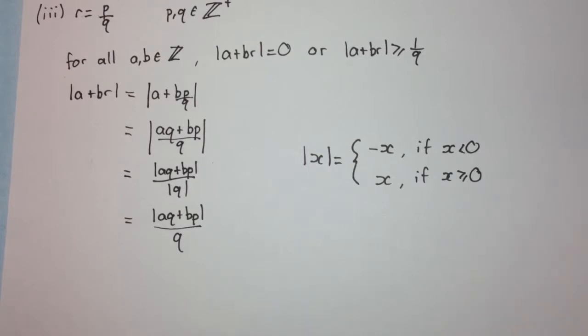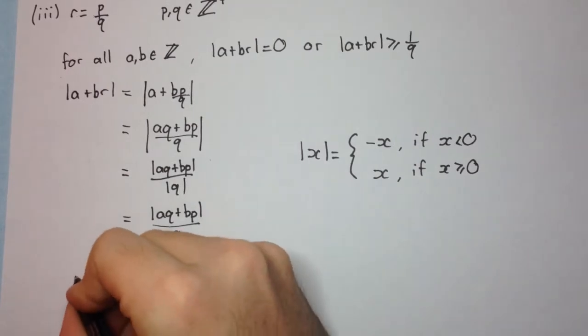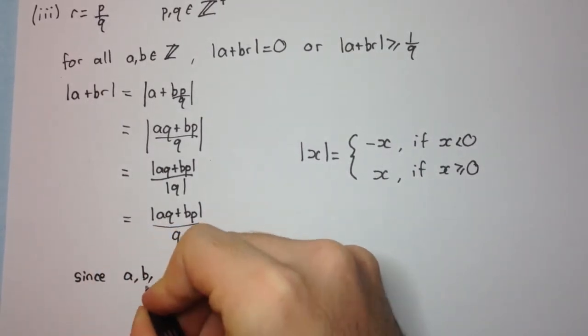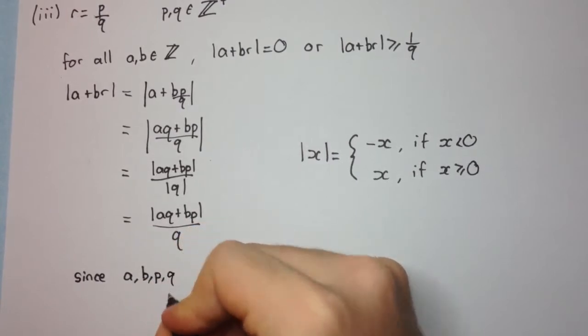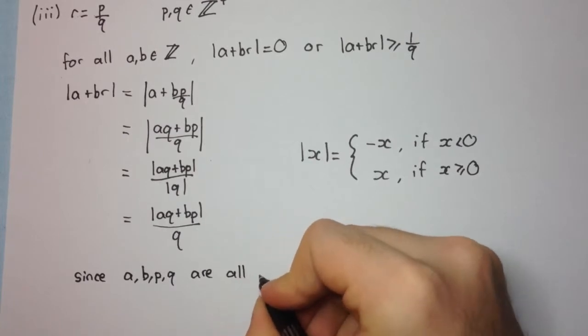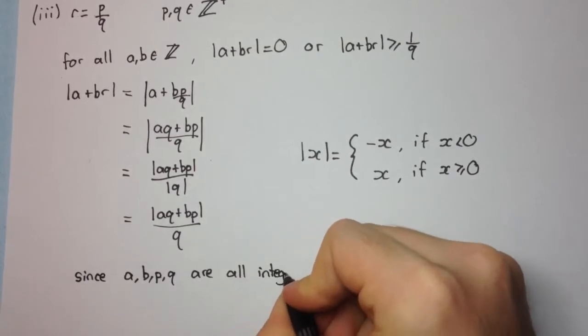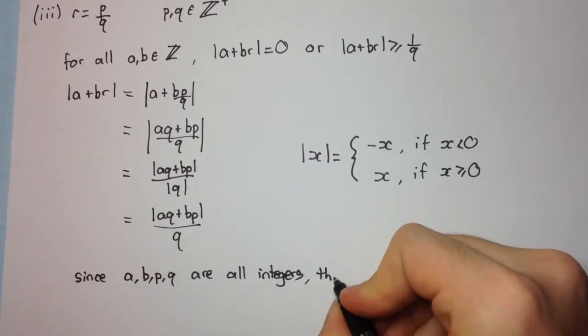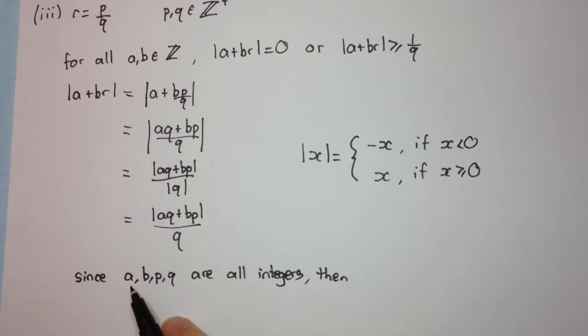Now, there's a couple of things that we need to clear up. We know that a, q, b, and p are all integers. So this is what we can say. Since a, b, p, and q are all integers, then a product and sum of these is also an integer.